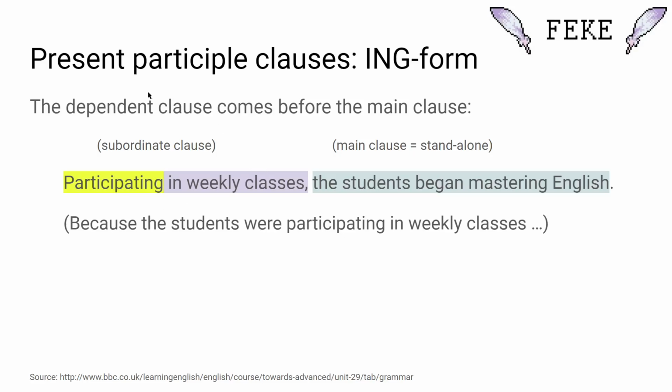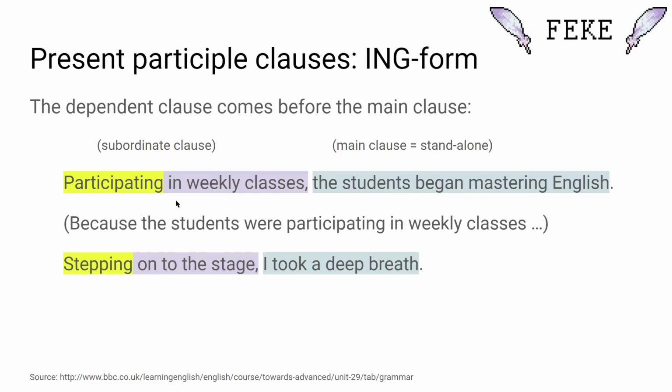But due to using a participle clause, we could omit parts of this sentence that we understand without using these words. Essentially, we can cut off pieces that we already understand since we are using this kind of participle clause. And the present form uses the ing, so you see here participating, like that.